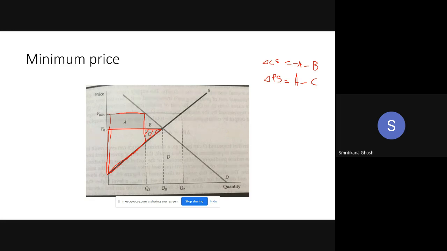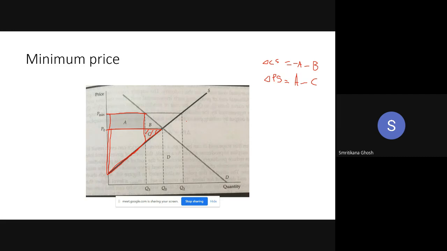Acha. So we can see the change of consumer surplus and the change of producer surplus. Now our concern is, what is the social welfare loss? Because of these changes, what will be the change of social welfare? Consumer surplus has changed, producer surplus has changed.